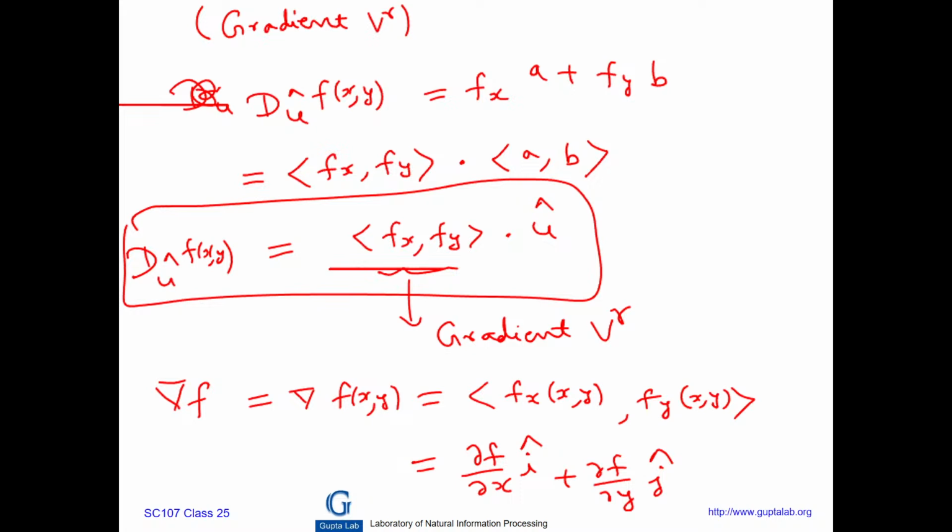So del f over del x times i plus del f over del y times j is one vector, dot product with a i plus b j, these two vectors. If you take it, you get this kind of thing. The directional derivative can be described like this as a dot product of two vectors. So del f is nothing but del f over del x times i plus del f over del y times j.